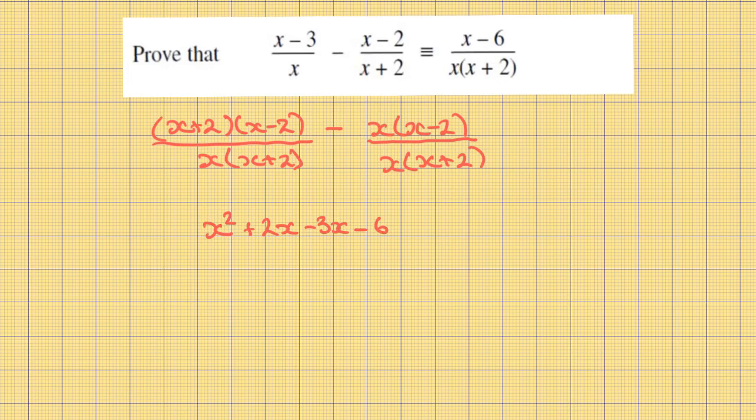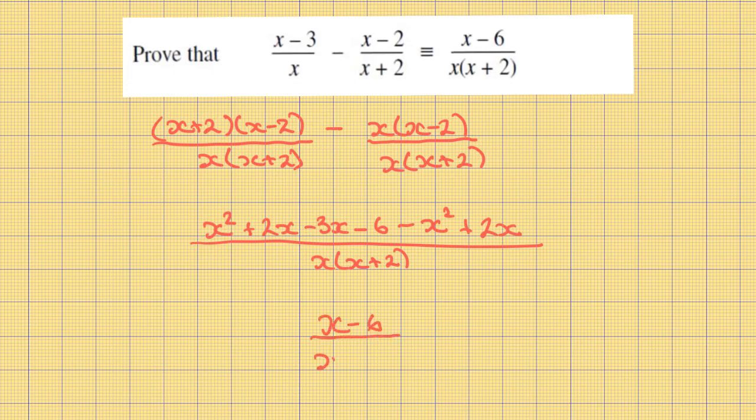Be careful with the sign, so minus x squared plus 2x all over x plus 2. Straighten out the top and you get x minus 6 all over x plus 2. Therefore, left-hand side is equivalent to right-hand side. Proved.